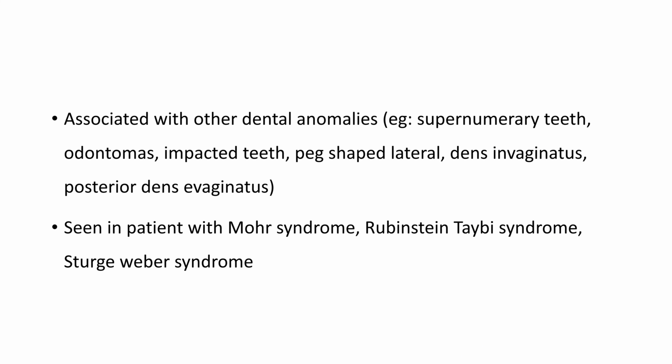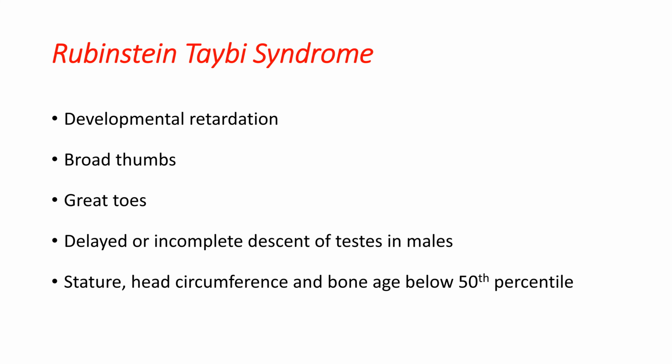The talon cusp is associated with other developmental dental anomalies like supernumerary teeth, odontomas, impacted teeth, peg lateral, dens invaginatus, and posterior dens invaginatus. Talon cusp has also been seen in patients with Mohr syndrome, Rubinstein-Taybi syndrome, and Sturge-Weber syndrome.